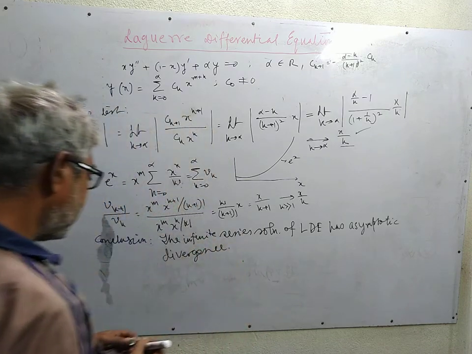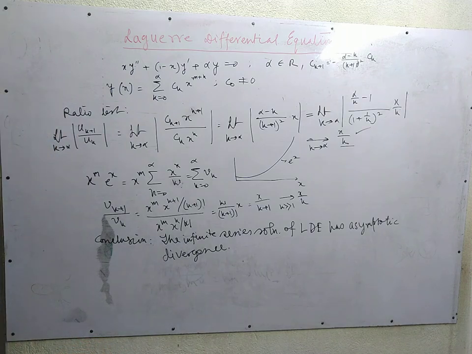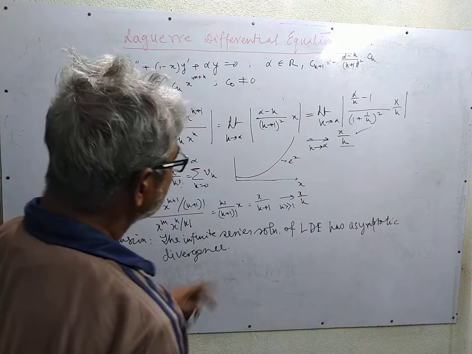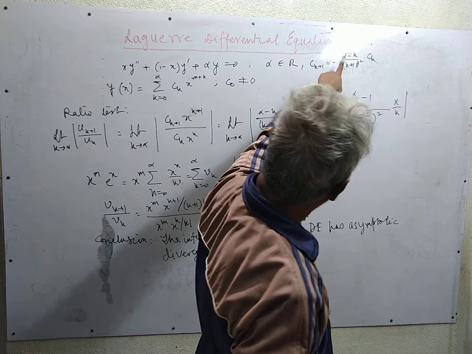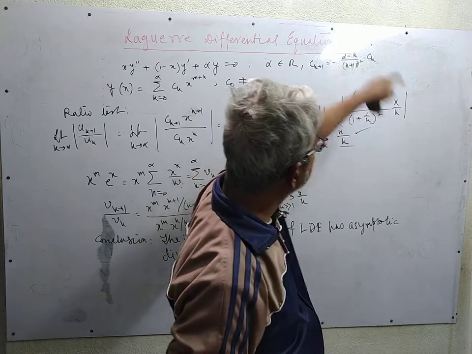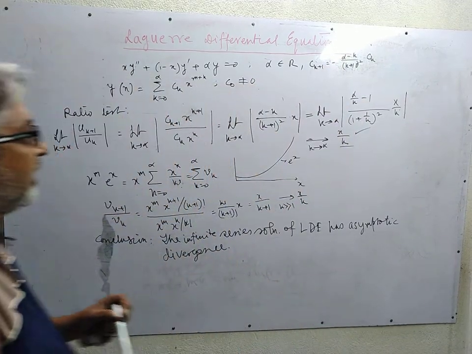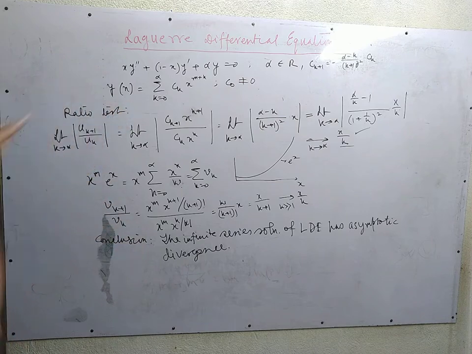And in a physical situation, we are only interested in a finite solution. So we look carefully into the recurrence relation. If we put alpha as an integral value, then there is a chance that the coefficient after a certain term gets 0.